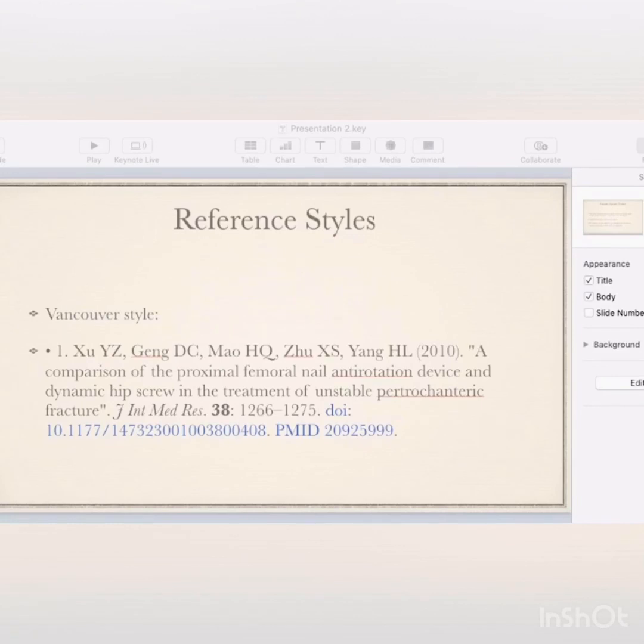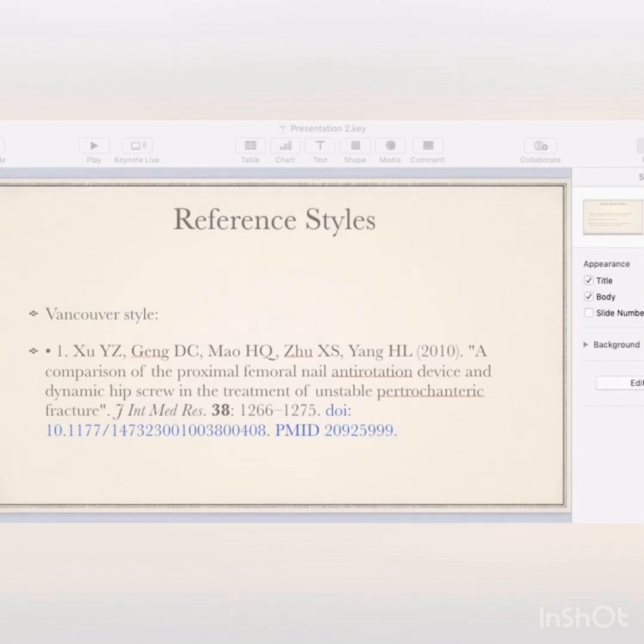So for example, Shu, YZ, Geng, BC, Mao, HQ, Shu, XS. Shu here would be the surname, and the XS would be the initials of the forenames. Finally, Yang, HL. Yang would be the surname, HL would be the initials for the forenames given.